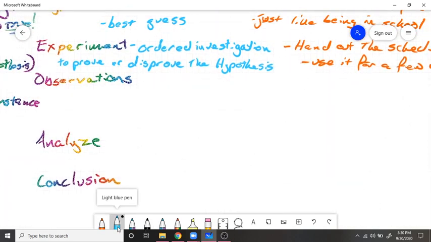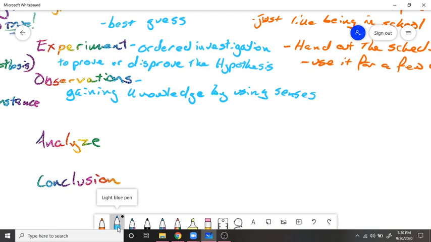An observation is gaining knowledge by using our senses. Sometimes, by making observations, we figure out facts.